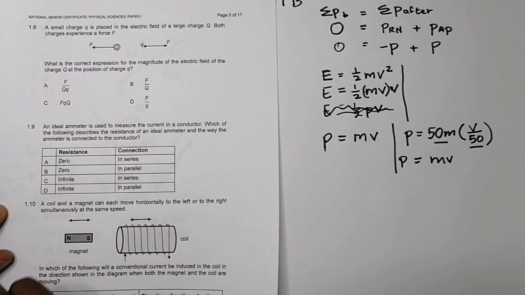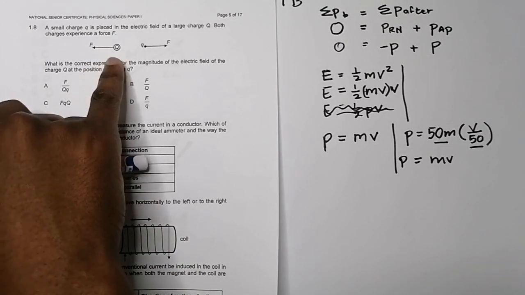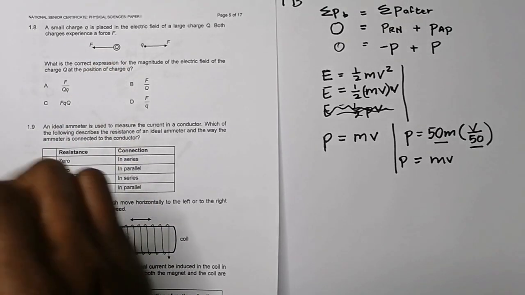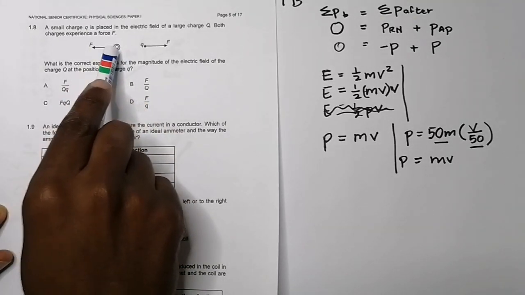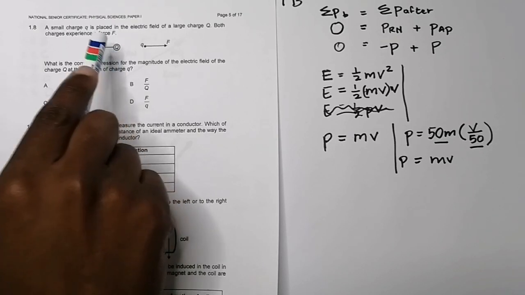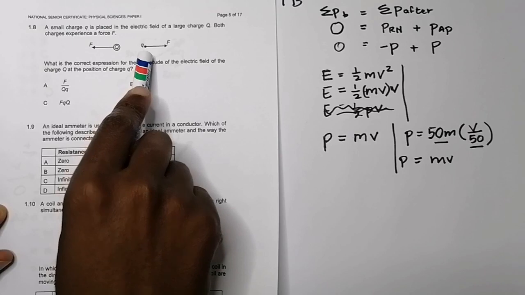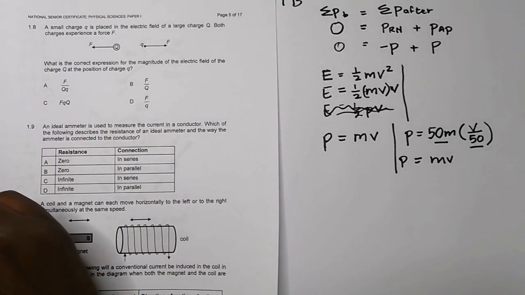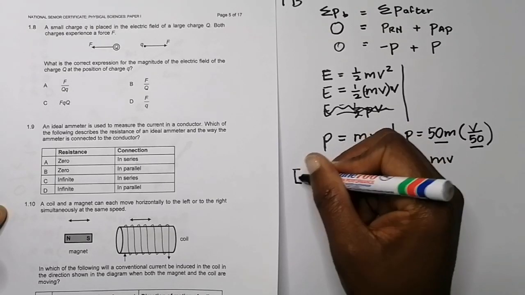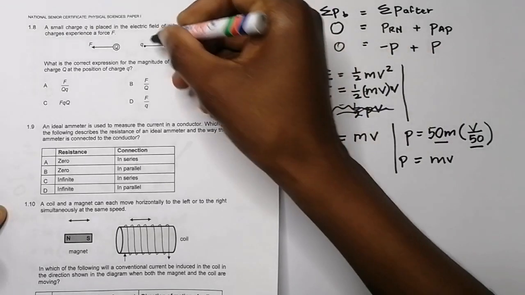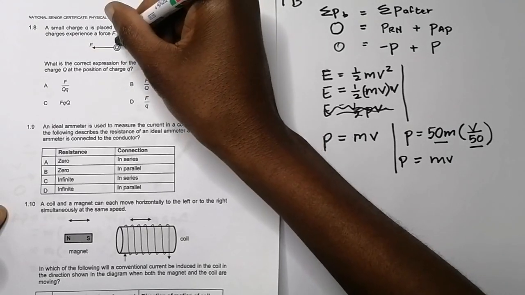Now remember that when you calculate electric field, we would actually represent the charge as a point charge, as something that doesn't exist. Small q experiences a field due to the other charge Q. So in order for me to express the electric field, I would say, well, E for this, remember we've taken this as a point.